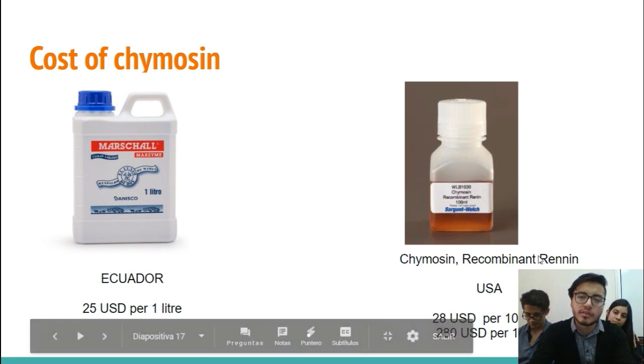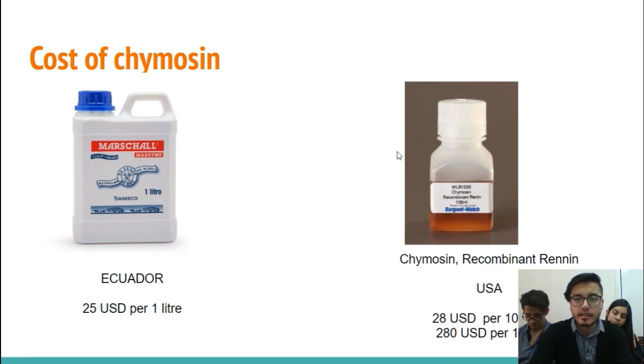This one, the recombinant renin from USA, is using the same steps that we propose here. This one is using a fermentation process, but not the same one that we're using here.